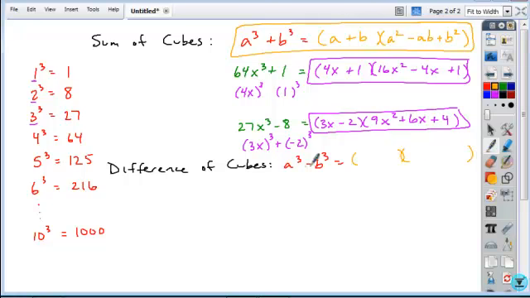And here, you just take the difference of these bases, a minus b, and then this trinomial factor is the first base squared, the last term is the second base squared, a plus b squared, and then the middle term is just the opposite of the product of these. So a times a negative b is negative ab, change the sign, plus ab. The same rules hold true. I mean, you can see you can use it either way. I just prefer to work with one rule rather than two different rules.